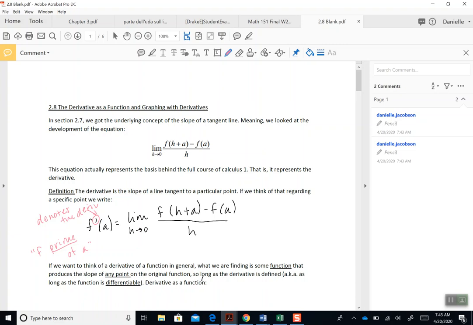That little thing tells you you're taking the derivative. We have f prime of a. Here a is just some point, so I'll say where x is equal to a. That's some specific point. In terms of calculations, it would mean you're plugging an actual number in for a and then running through all of your calculations.